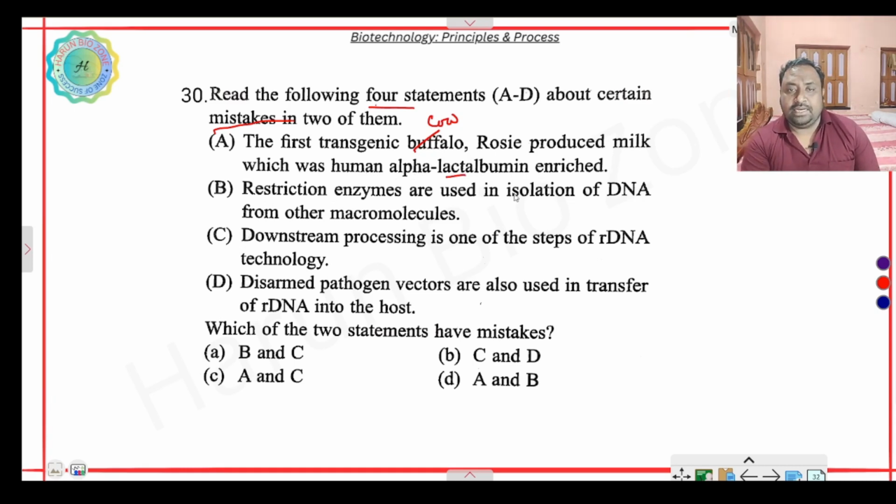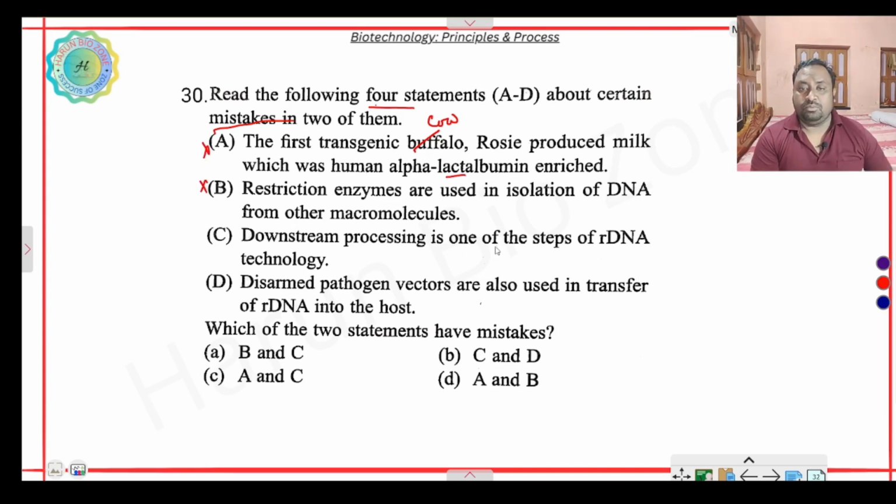Restriction enzymes are used in isolation of DNA from other macromolecules. Not restriction enzyme. What is the function of restriction enzyme? Cut the DNA at a specific site into small fragments. This is a wrong answer. This is also a wrong answer.